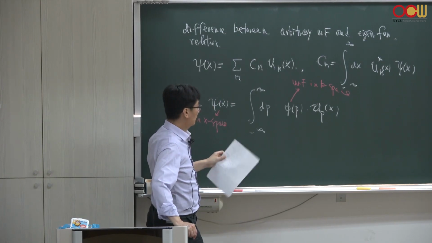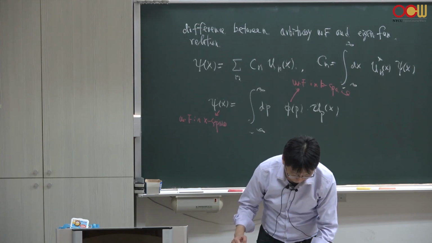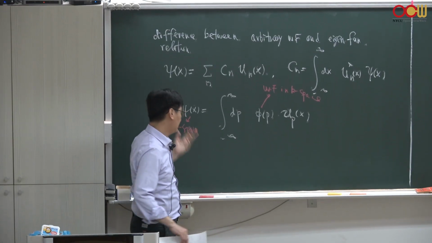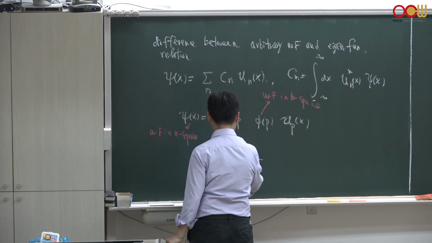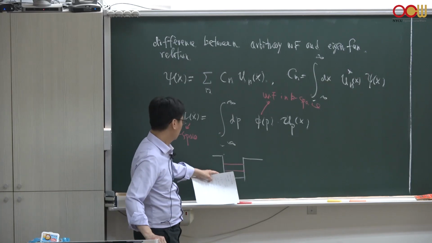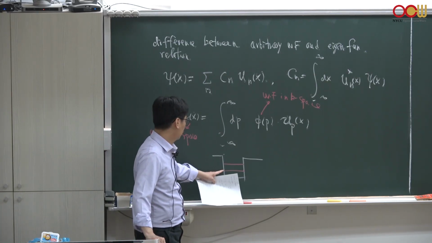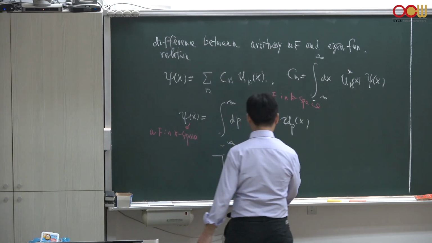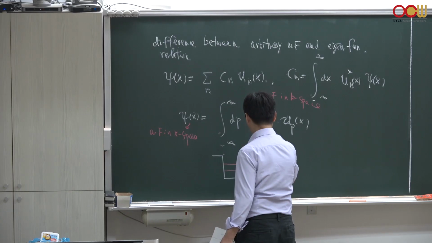Okay, so maybe we will repeat this one more time right here. For example, if you have just two eigenstates from this potential well problem, I can label them as U1 and U2.